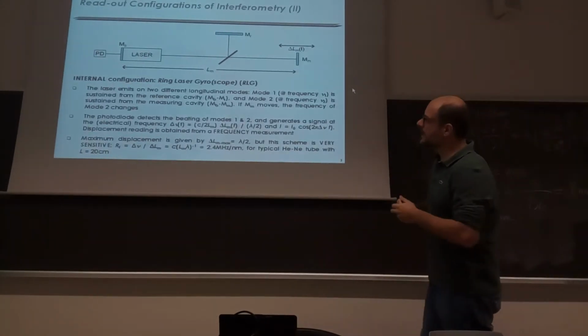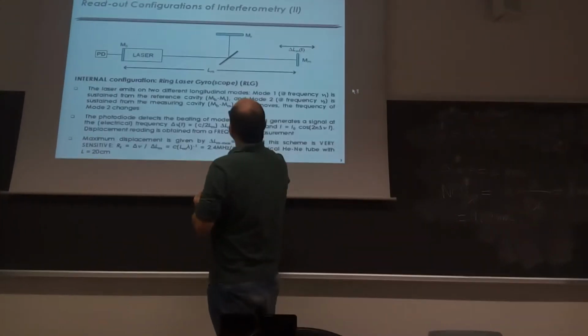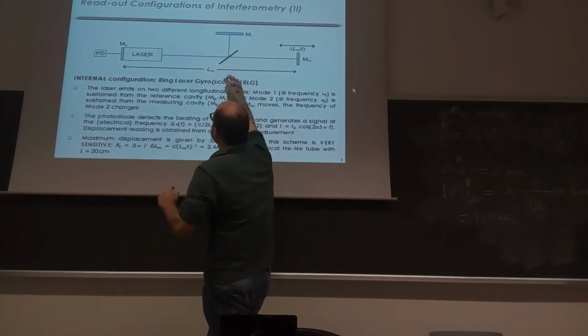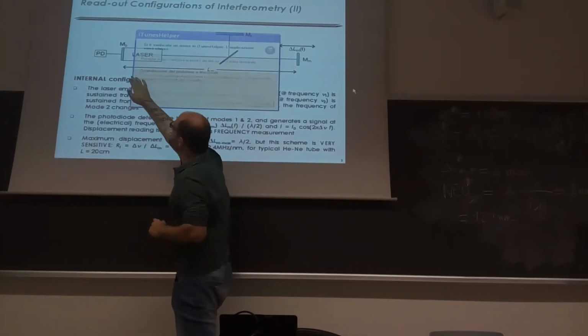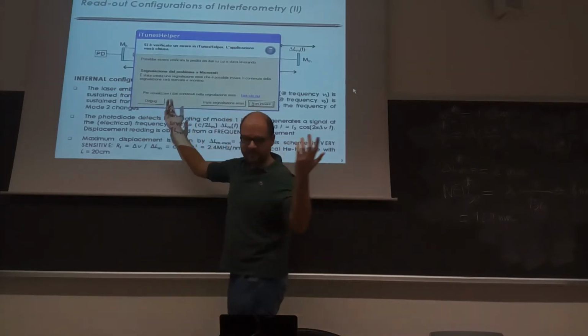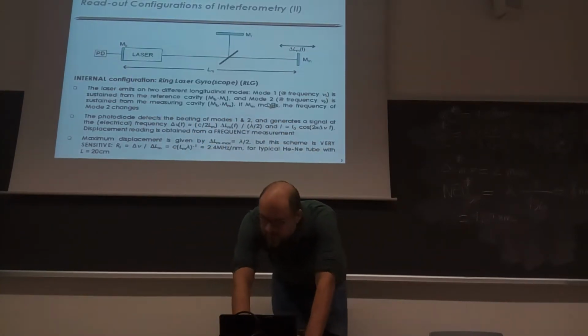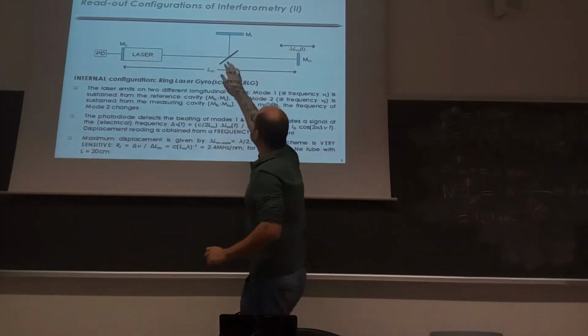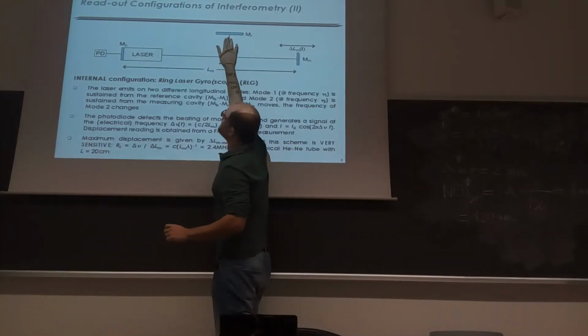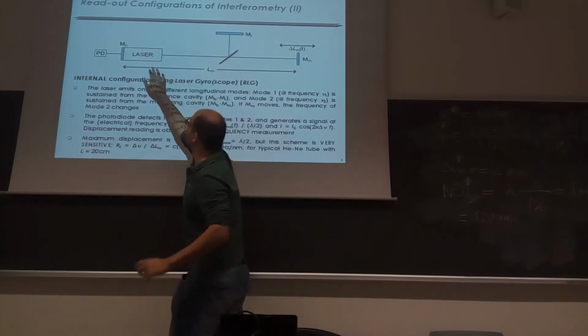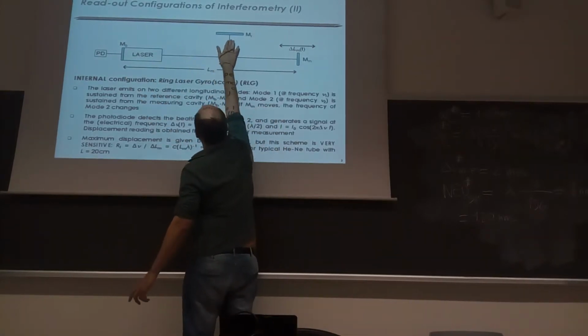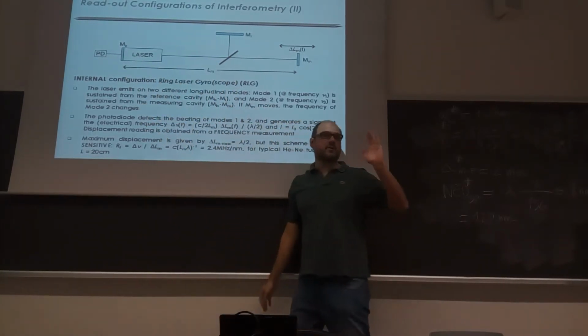One mode is sustained by the cavity composed by the back mirror of the laser and the reference mirror. So this mirror is fixed, and the mode sustained by this cavity is at a fixed frequency.